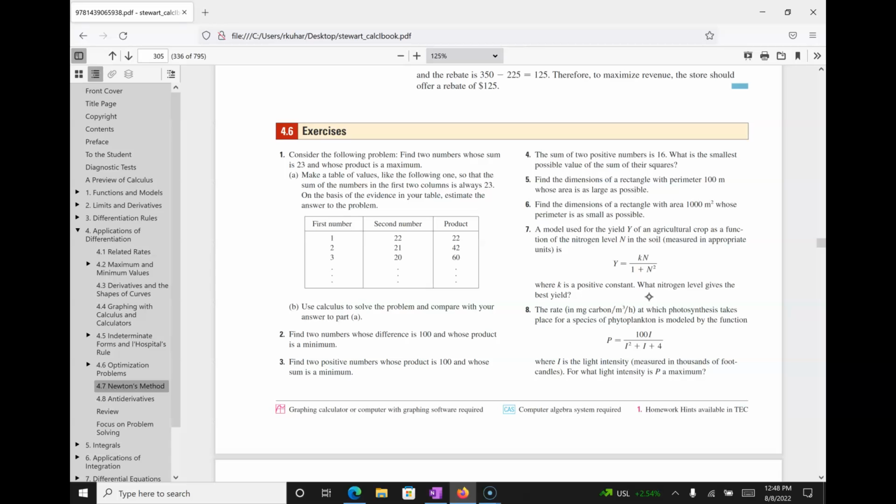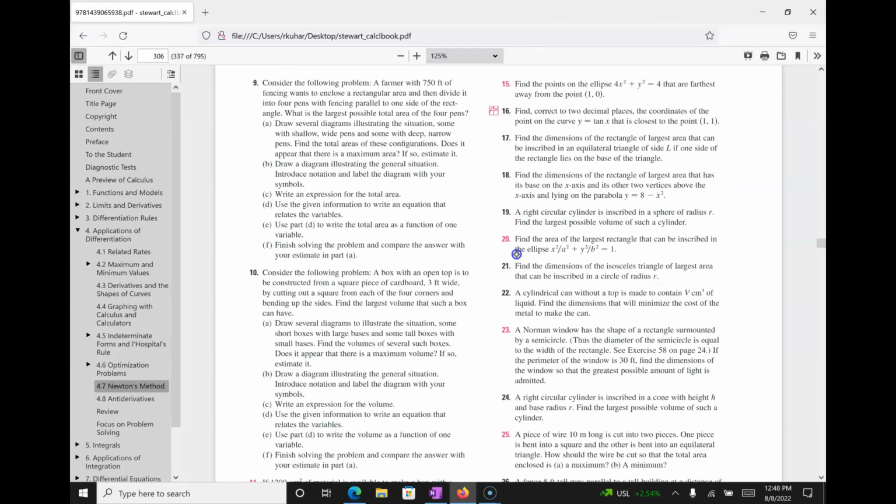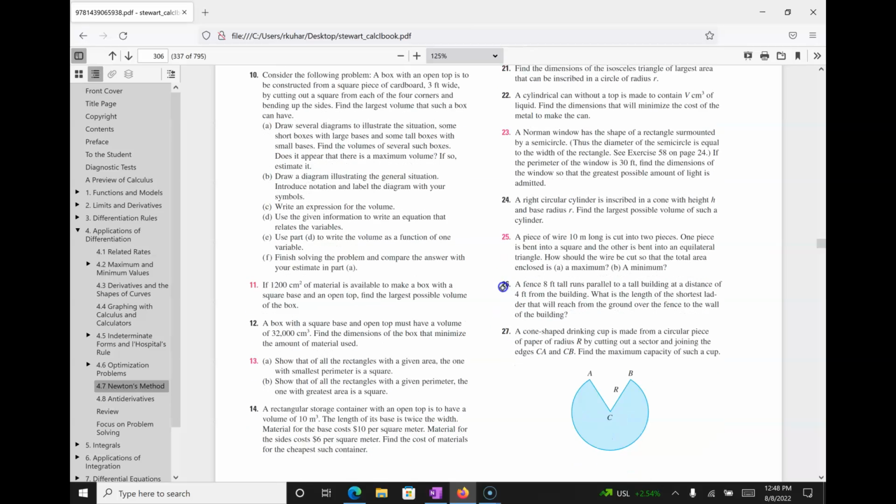So for example, number 5, find the dimensions of a rectangle with a perimeter of 100 meters whose area is as large as possible. Anything with geometry in it, okay? Number 11, I have cardboard.